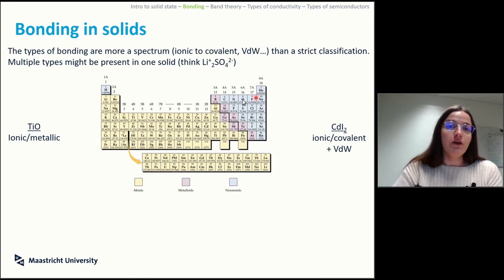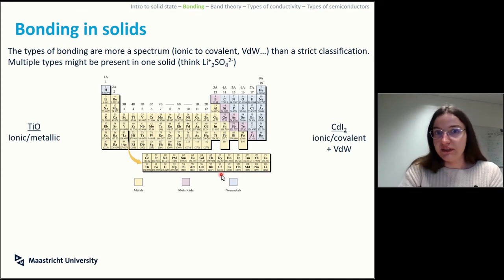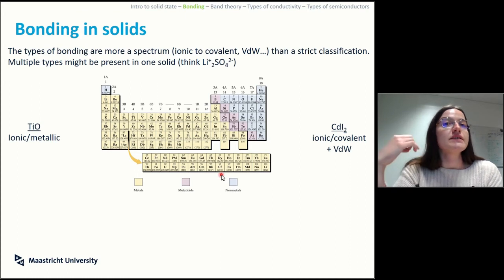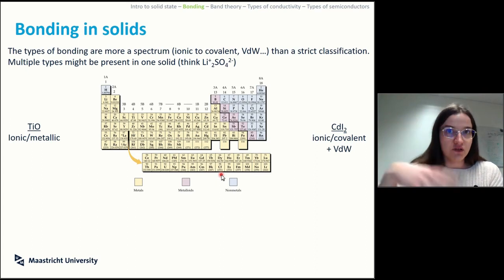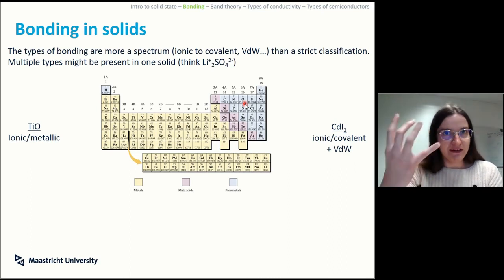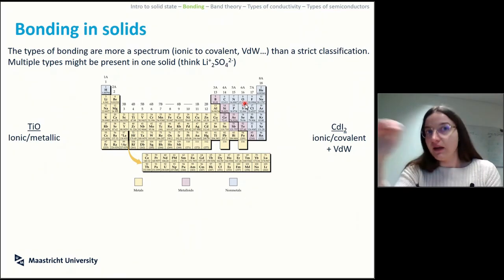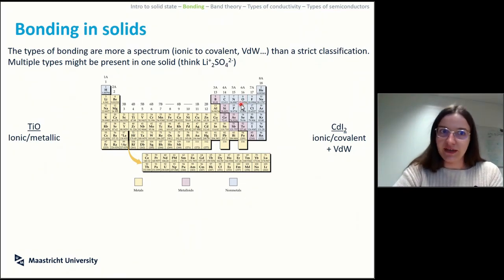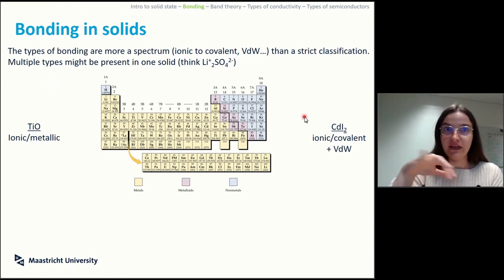So depending on where you pick your atoms, and if your atoms actually make a solid out of whatever interaction you have, you might have a different spectrum of bonding, and also different bonding coexisting with each other. So in a solid like lithium sulfate, the sulfur to oxygen bond, which is over here, will be primarily covalent as a type of interaction, but then the interaction between that and lithium, since they are from this side to this other side, will be prevalently ionic.